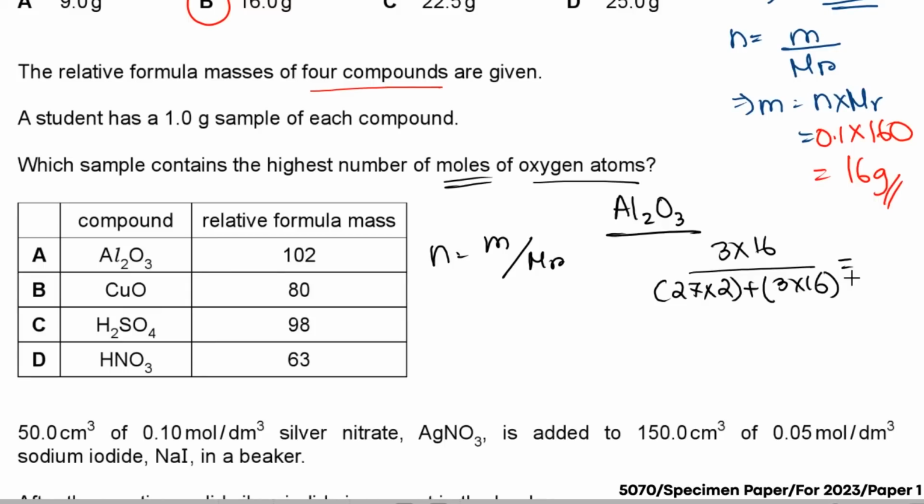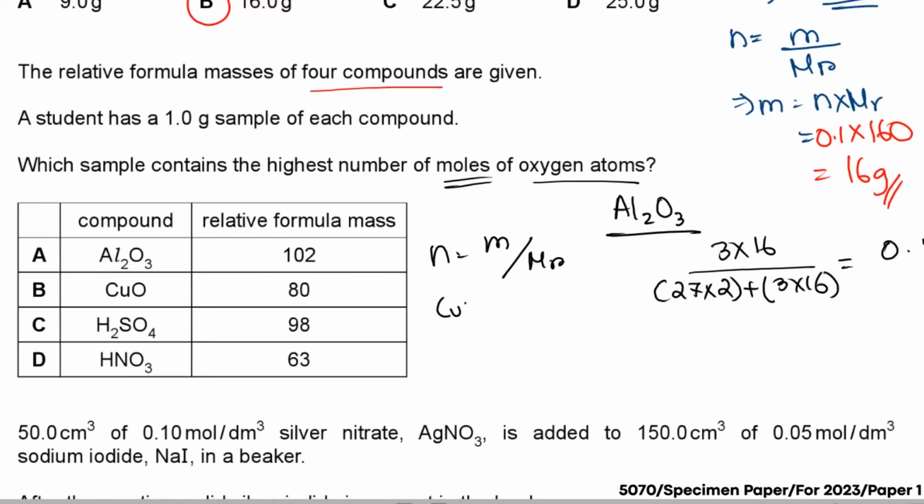Since this is a bigger calculation, I am going to use a scientific calculator off screen. So if we calculate, we are going to get an answer around 0.47 for aluminum oxide.